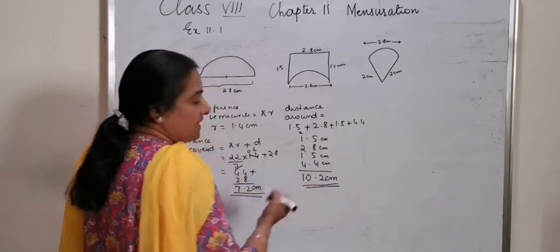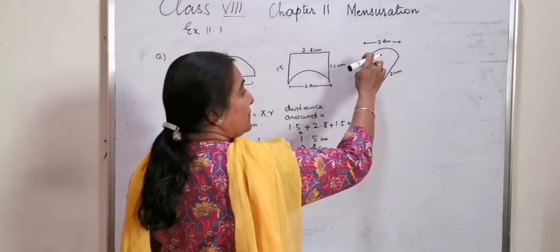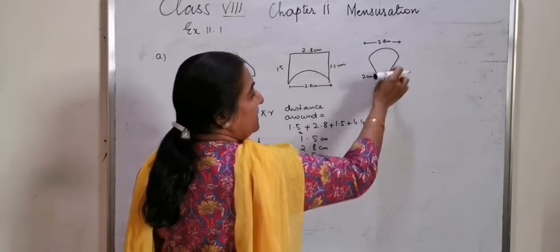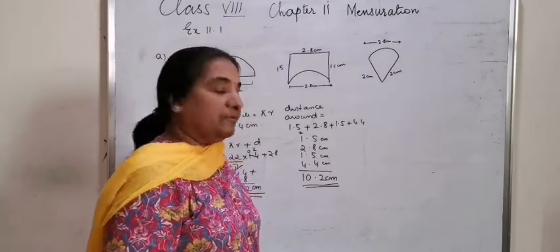A total distance of 10.2 centimeter, and here you can see a distance of 2 centimeter and again the semicircular region.